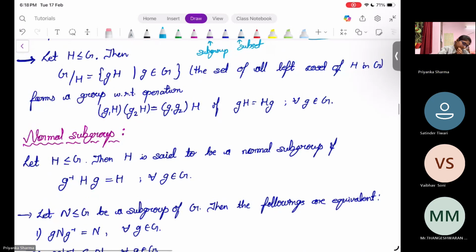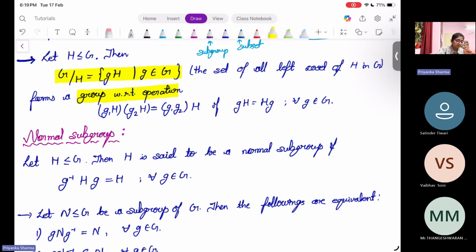Now, this collection G over H, which is the collection of all left cosets gH for g belonging to G, forms a group under the operation defined by g1H times g2H equals g1g2H.